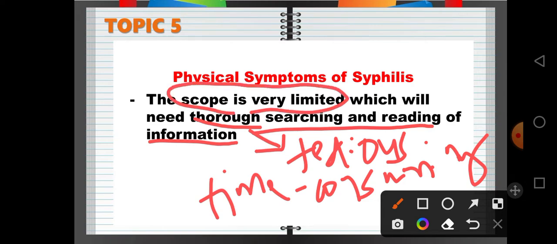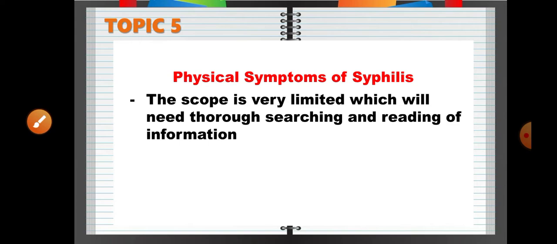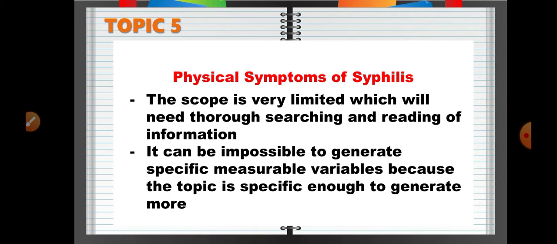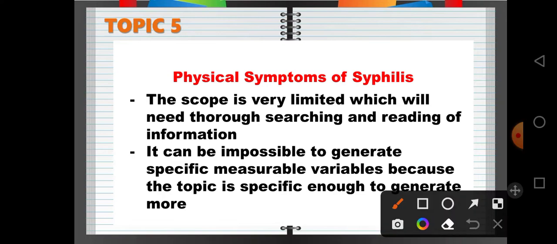Furthermore, class, do you think we can generate more specific measurable variables if we have a very limited scope? With this kind of topic, it will be very impossible for us to generate more specific measurable variables because the topic itself is specific enough to generate more.